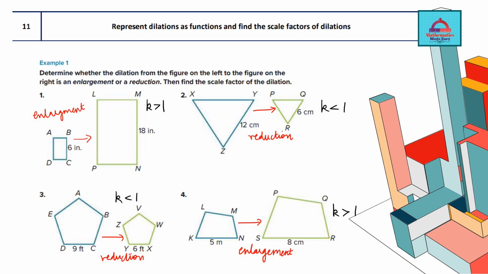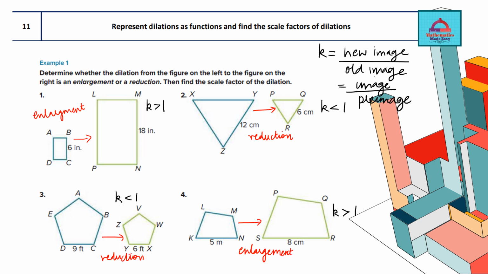Now, what is the formula for the scale factor? We need to find scale factor denoted by K is equal to the division of the size or the dimension of the new image divided by the old image. Or you can say you divide the length of the image, that is after the translation, by the pre-image, which is before the translation.